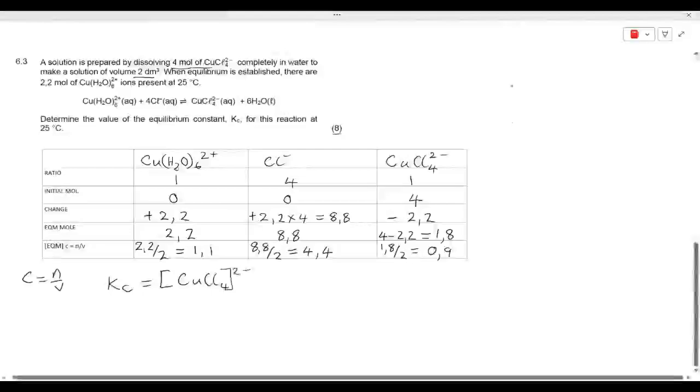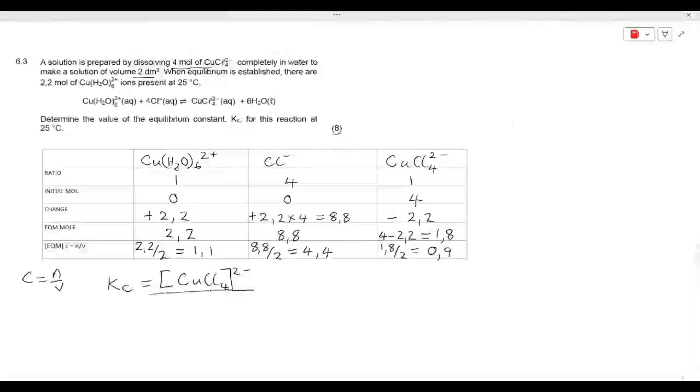Right, so this is our product, and the concentration of our reactants, and we also have the chlorides raised to the power 4.